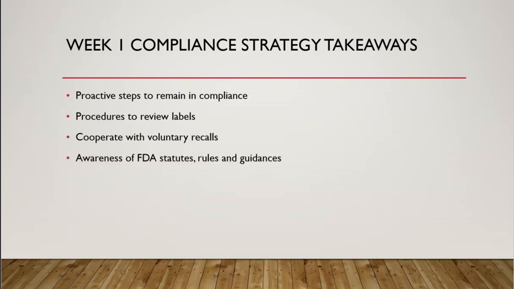And then finally, you want to be aware of FDA statutes, rules, and guidances. And you've already, by listening to this lecture and looking at the materials for week number 1 in Blackboard, become aware of some of their statutes, some of their rules, and at least one of their guidances.